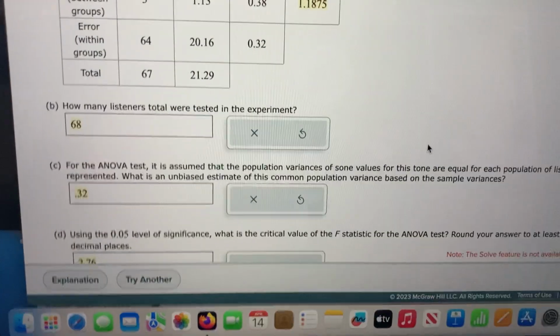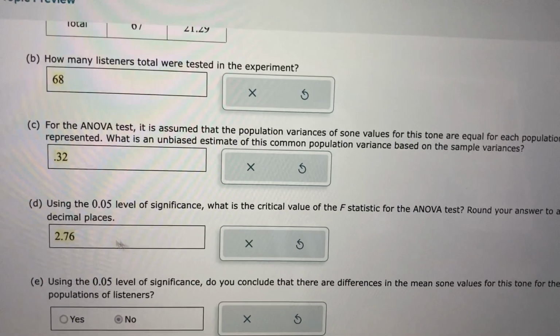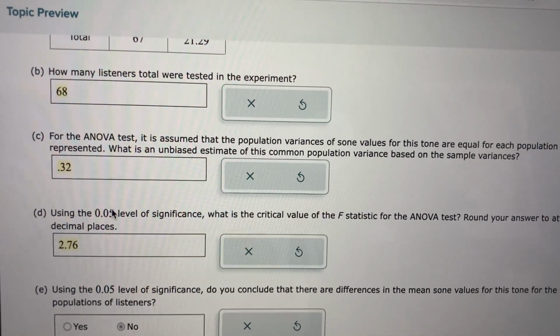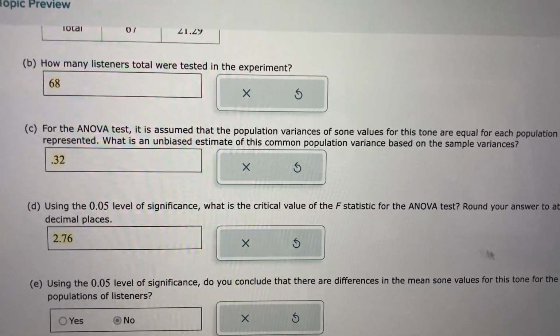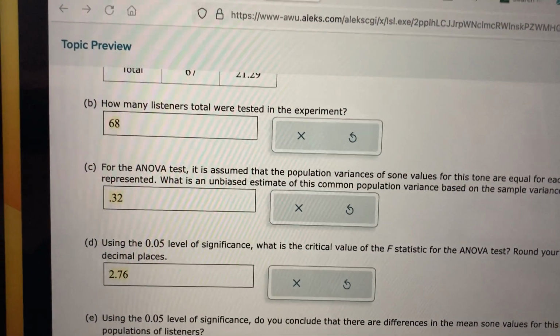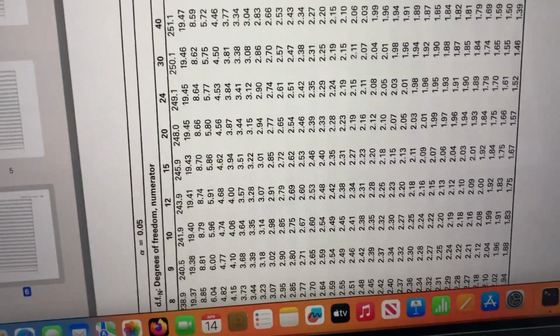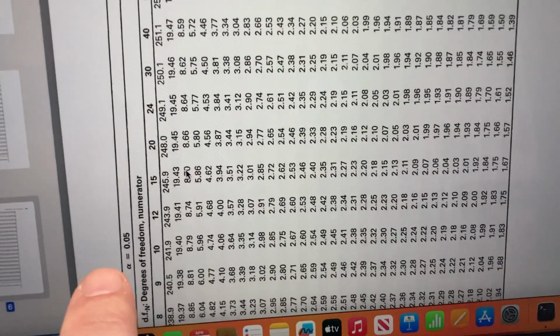Now, let's travel down a little bit farther. And again, we're using alpha's 0.05, and we have our two sets of degrees of freedom. So I'm going to bring up the table that I sent you guys. And I apologize for it being on an angle, but you've got to first make sure that you have the right alpha.